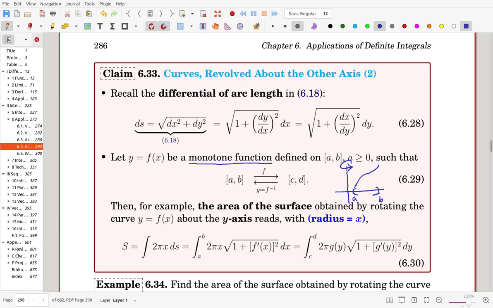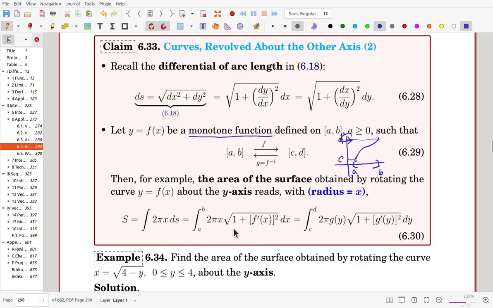Now that curve is rotated about the y-axis. Then we have a surface, and we'll try to get the area of the surface by using either x integration or y integration. In x direction it is a to b, and in y direction it runs from c to d, so we can compute this surface area by using x integration or y integration. In any case, because we rotate the curve about the y-axis, the radius must be x. So the integration must be 2 pi x ds.